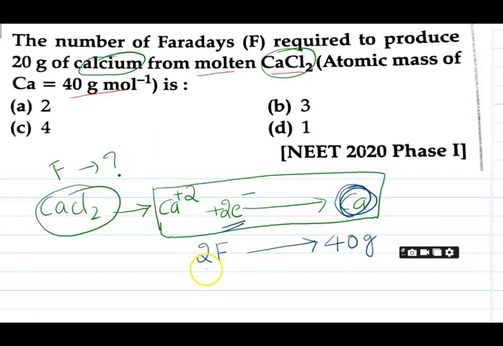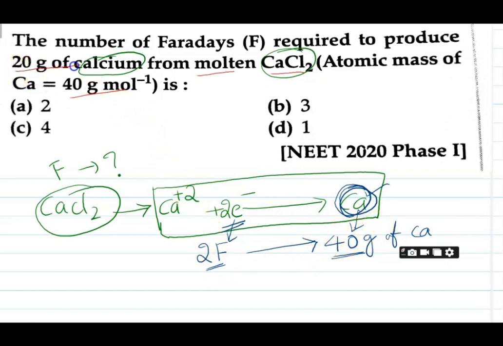That means 2 Faradays are required for the formation of 40 grams of calcium. This is how we related it in the last class: the number of Faradays required to form exactly the atomic mass of the element deposited, or the molecular mass of the molecule deposited or liberated.